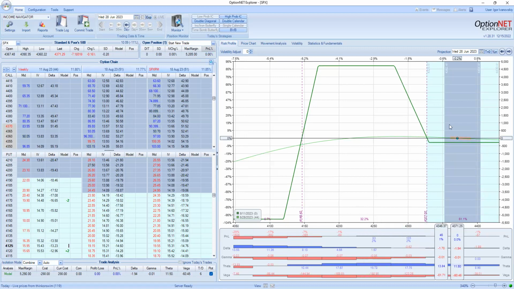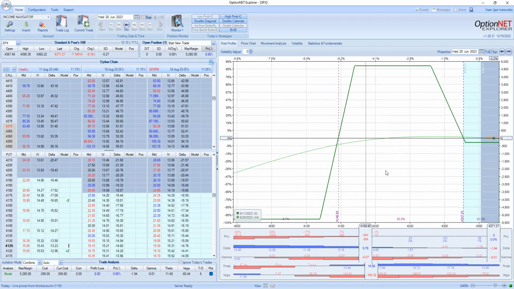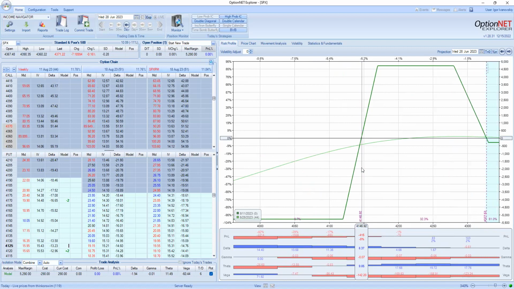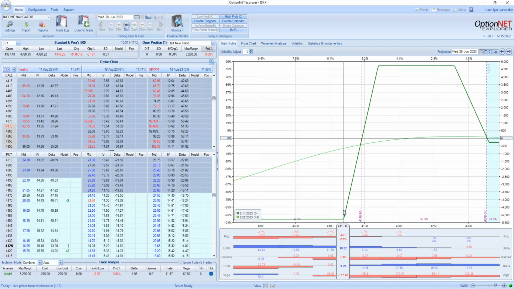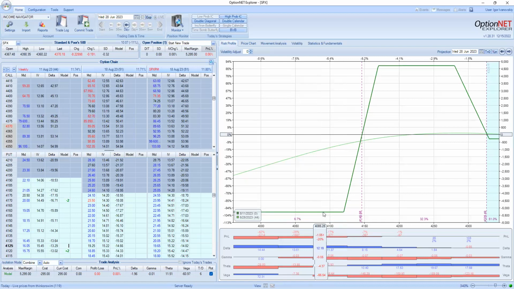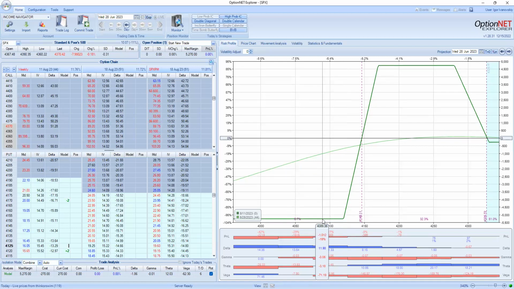If the price is below our break even, which is at about 41.46 at expiration, we have a loss. And if the price is under the lower long option, which is at 41.20, if SPX is below 41.20 at expiration, we're out $5,000 plus the debit we're paying, in this case, 52.70, 52.80.